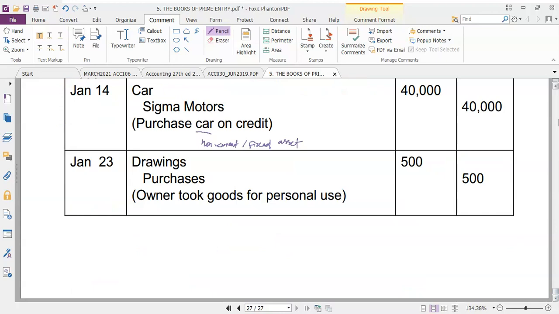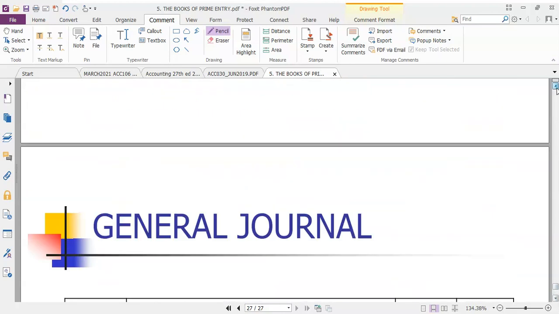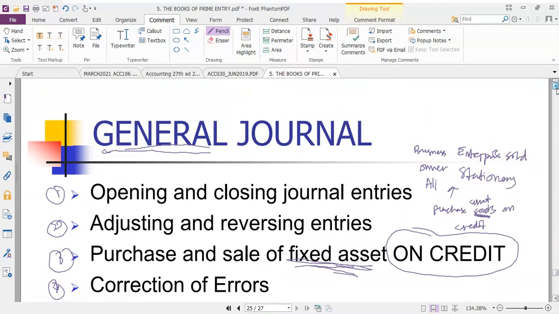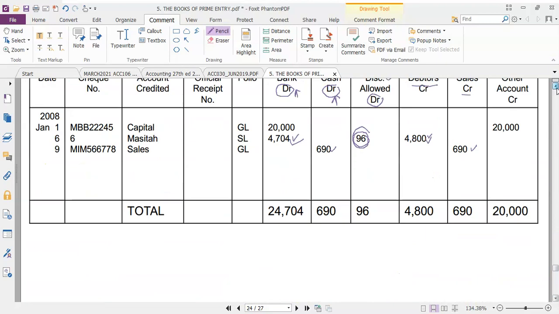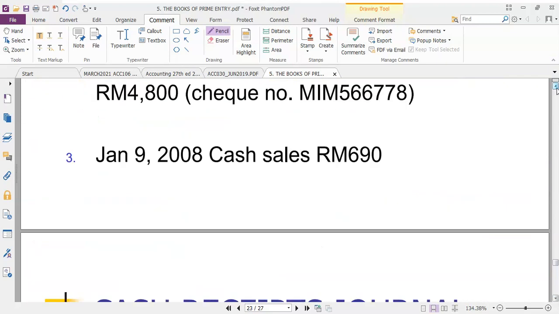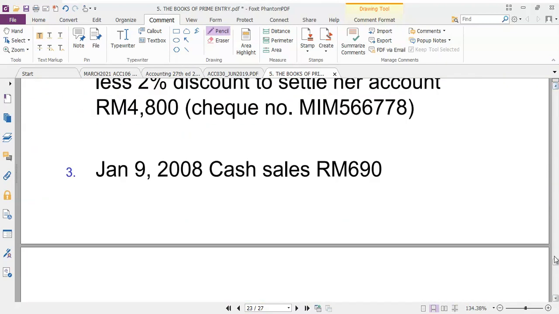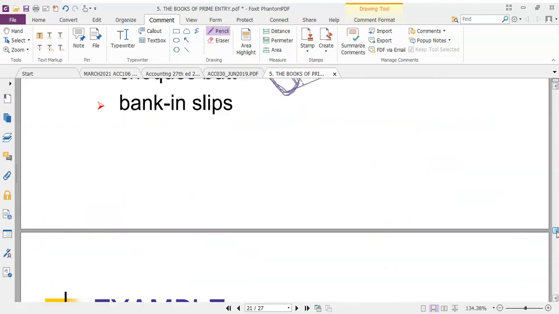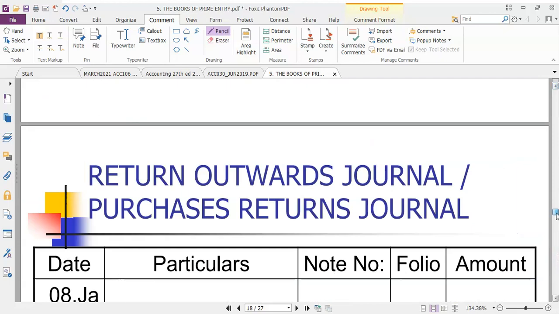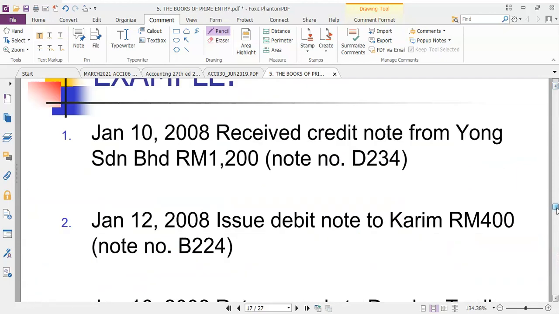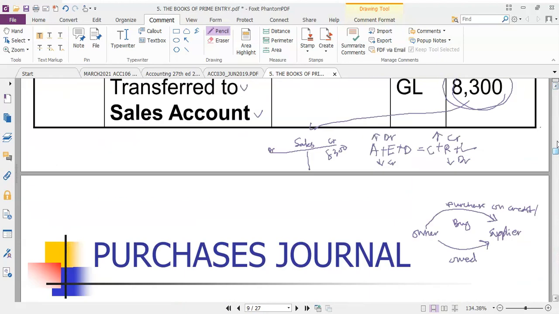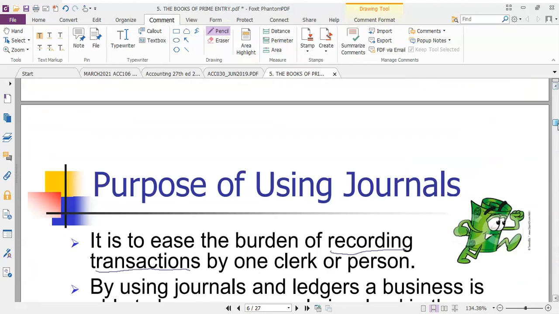Did you have any question about books of prime entry? We have all six journals that you must understand: what each one is, what the function of that journal is, and the transactions that must be included in each journal, the differences.